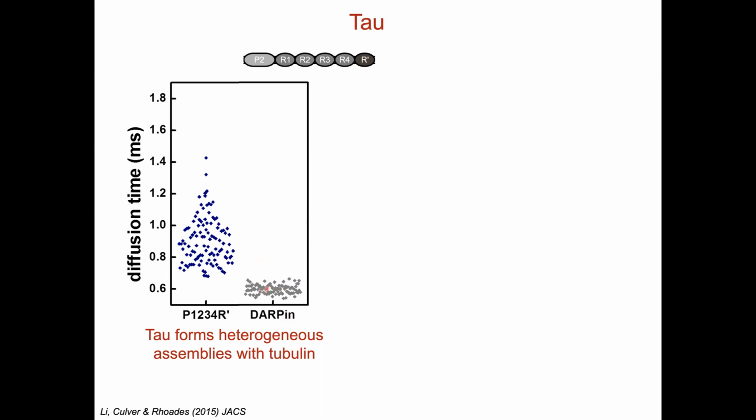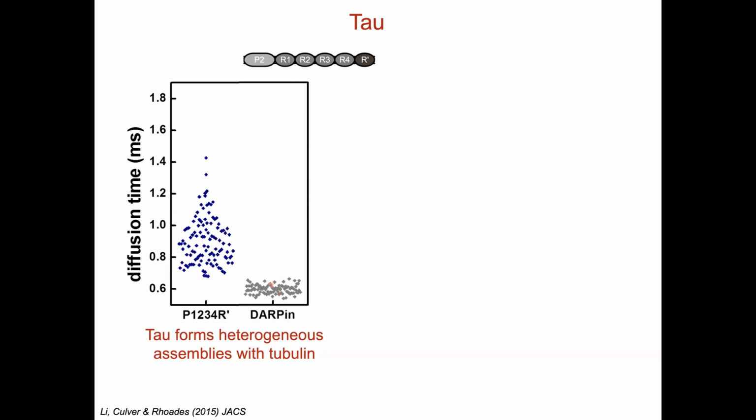And what you'll notice right away is, first of all, not only does the average tau tubulin complex have a larger diffusion time, so it's much bigger than the average tau DARPin complex, but the distribution is much wider. So this data, we have it all clustered very narrowly around 0.6 milliseconds in our diffusion time, whereas we have something like 0.65 to about 1.4 milliseconds in our diffusion time here.